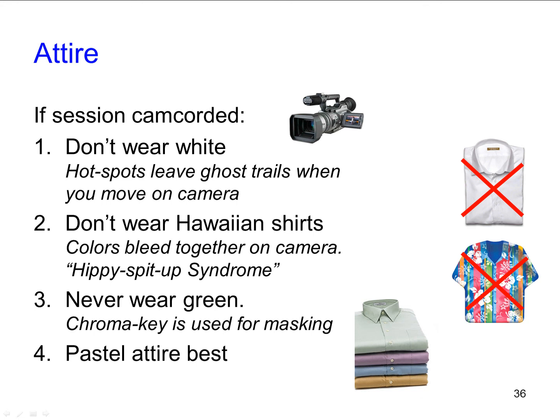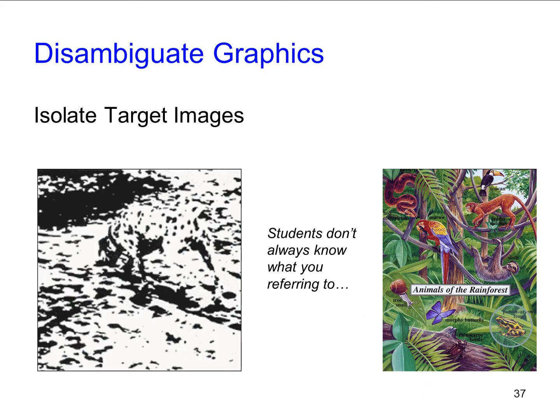Not on modern cameras per se, but more likely on the sort of cheapo ones organizations buy or people use with their cell phones. Also, if you're being recorded with a green screen for a floating image, don't wear green yourself. Remember, the weatherman never wears green, lest part of his or her body appear as holes to the underlying map. As they teach in film school, pastels work best.